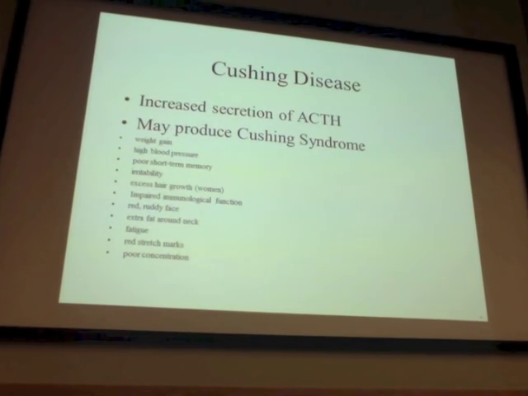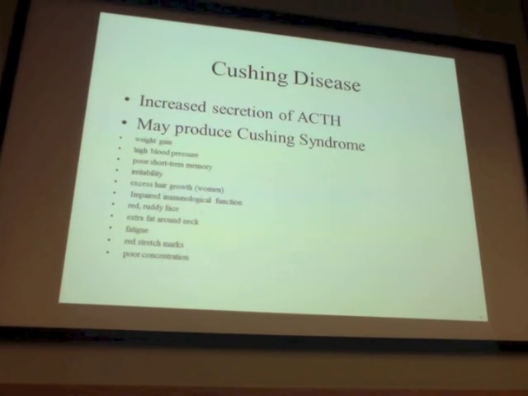And so how do you treat this problem? Well, first you have to recognize it. If you have this constellation of symptoms, you become suspicious. Okay? And the first question you ask, if you see somebody that has Cushing's syndrome, is whether they're taking steroids, because that can produce all of these things.